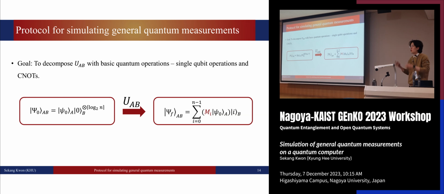So what we have to do is to calculate this unitary operator. But to implement this unitary operator, we have to decompose it into basic quantum operations, I mean, single qubit operations and CNOTs. So our protocol is all about this decomposition.